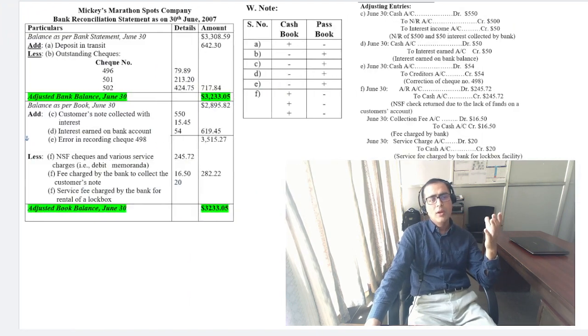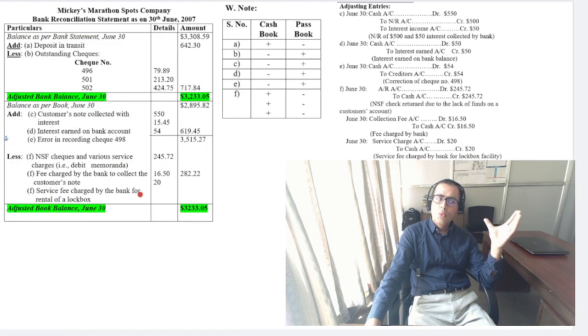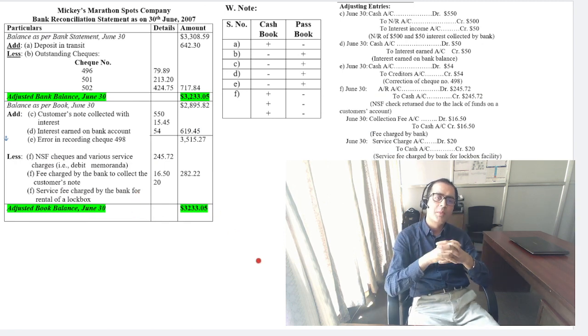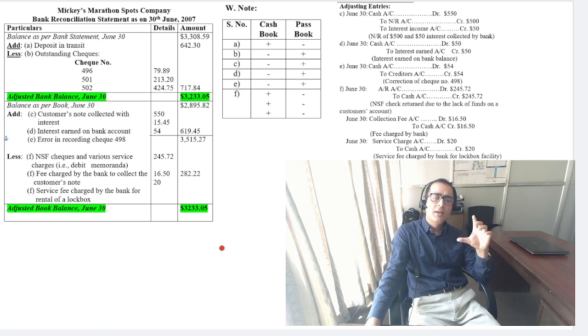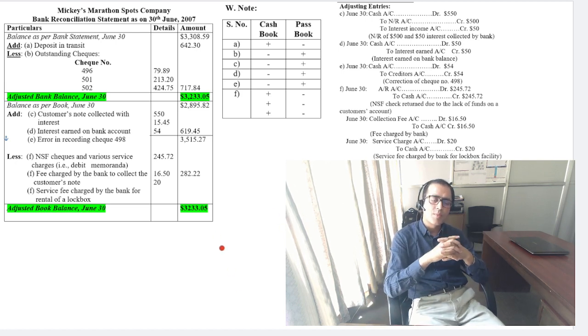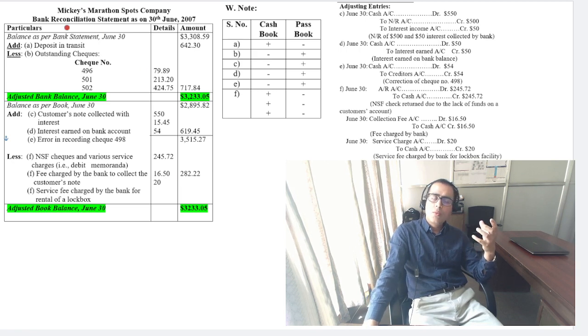Now once you understand the questions, friends, then you are asked to prepare the BRS, bank reconciliation statement, because you have to reconcile the reasons for the disagreement between the cash book and the passbook. So the format is simply: balance as per bank statement, you just note from the question and write here.